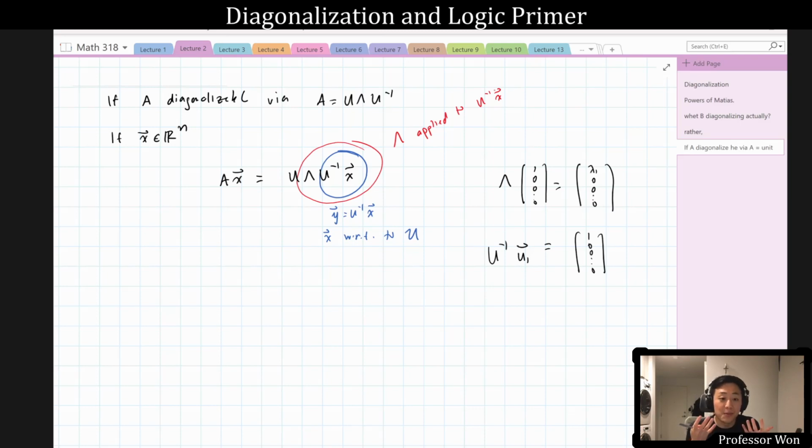We live in a world where we have the standard basis. In other words, when you write a times x, you really mean a times x with respect to the standard basis. And so this last u now converts you back to the standard basis. So green converts back to the standard basis.